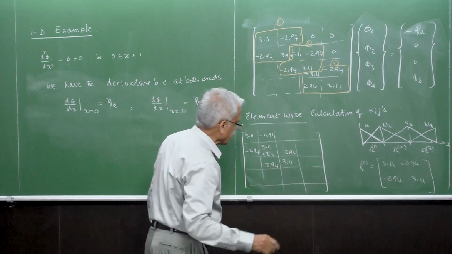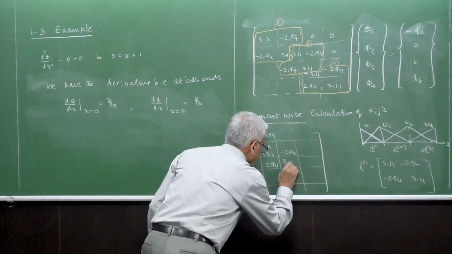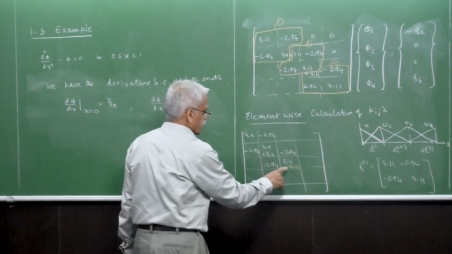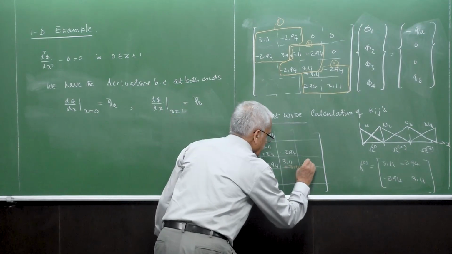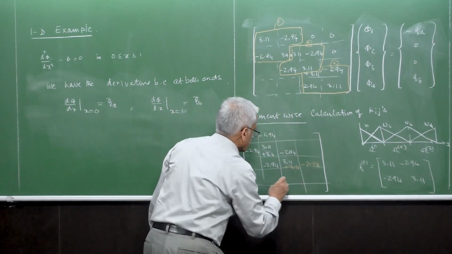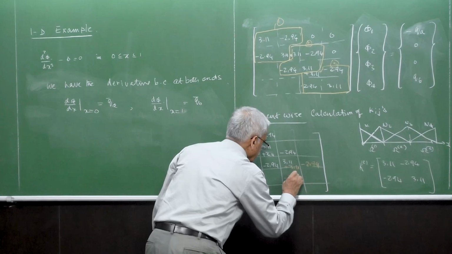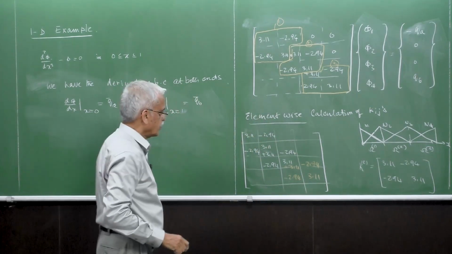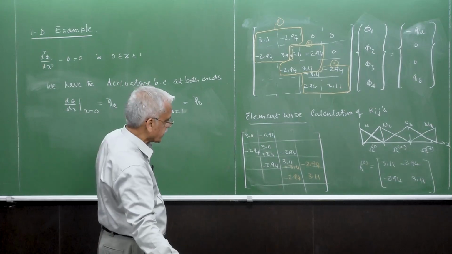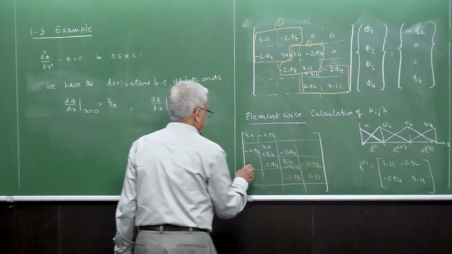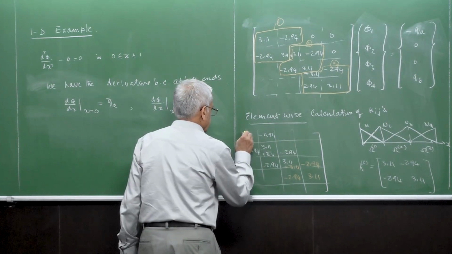Right? And then we have the third element, which will contribute to 3 and 4, that is 3, 3 and 3, 4 here, 4, 3 and 4, 4. So this is how it contributes, right? I will write it here again in some other color.